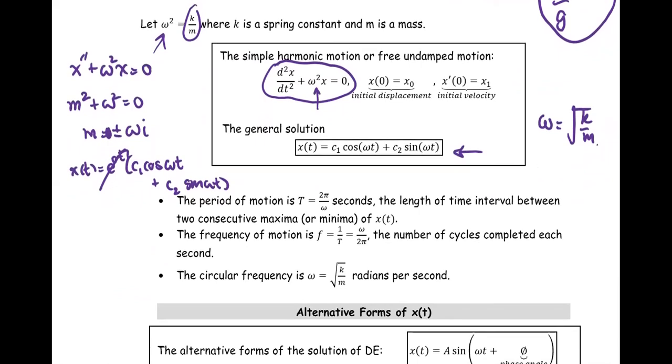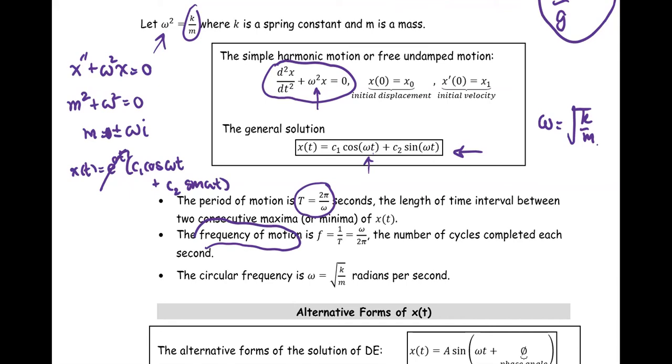Okay, after we get this general solution form, the period: as a property of the trig functions sine and cosine, the period is 2 pi divided by the coefficient of the variable t, which in this case is omega. So the period is 2 pi over omega. And then the consequence of that, the frequency, which is the reciprocal of the period, is omega over 2 pi.